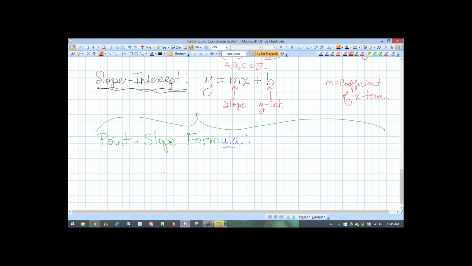Okay, so here's how this works. The point slope formula looks like this.